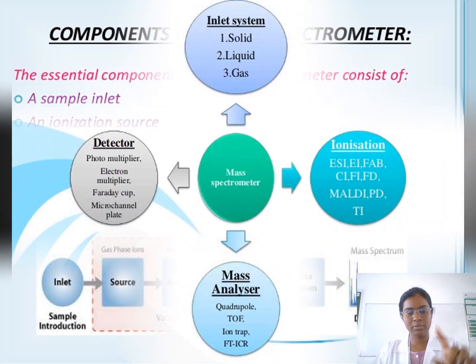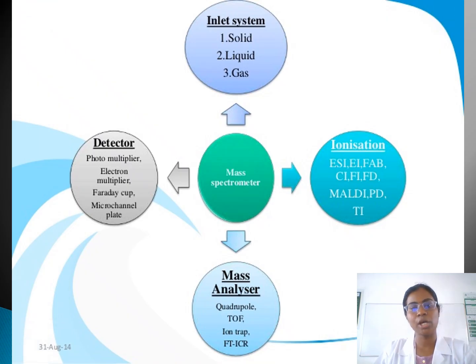These are the inlet system, where we use solid, liquid, gas. Ionization methods are ESI, EI, FAB (fast atom bombardment), MALDI, then PTI. The detectors are similar to UV detectors: photomultiplier, Faraday cup detector, and electron multiplier detectors.